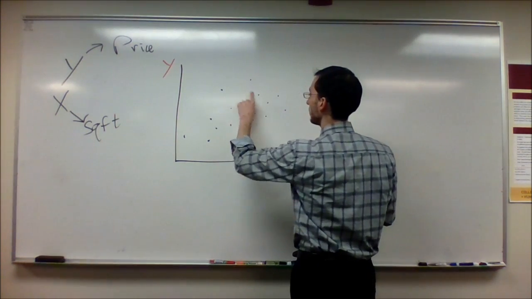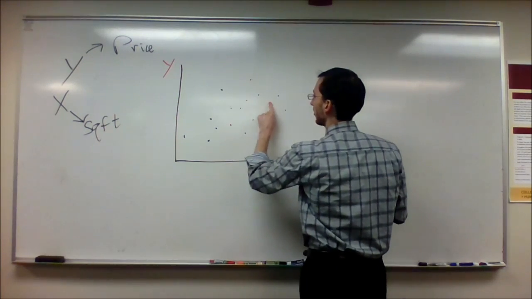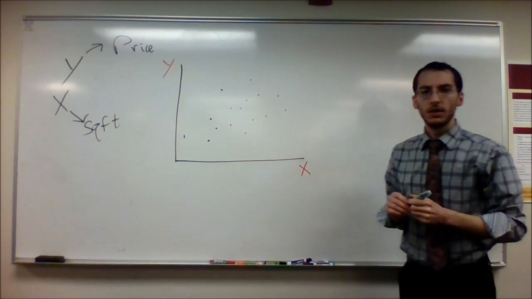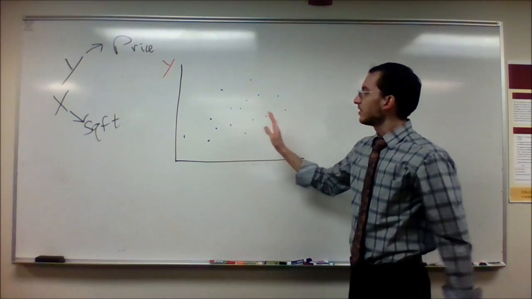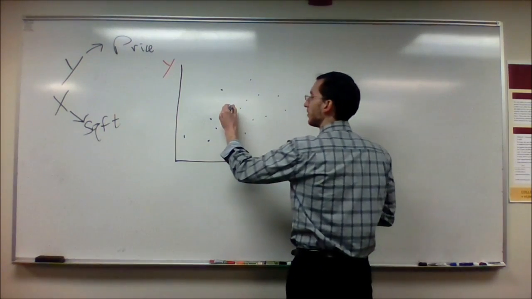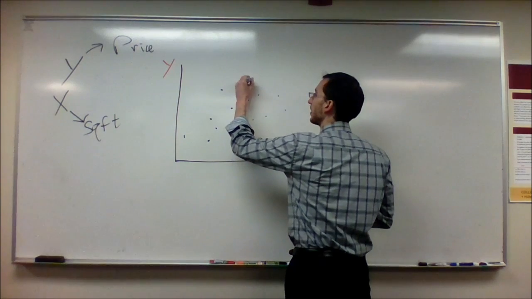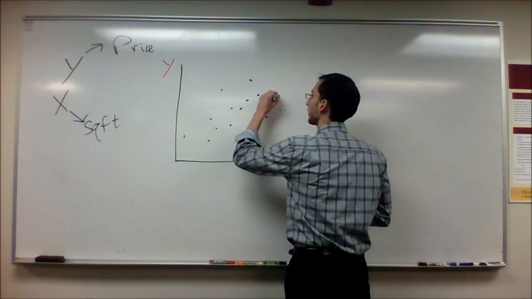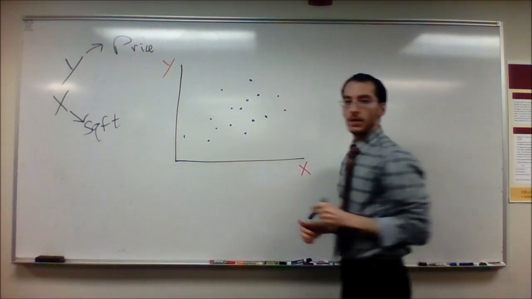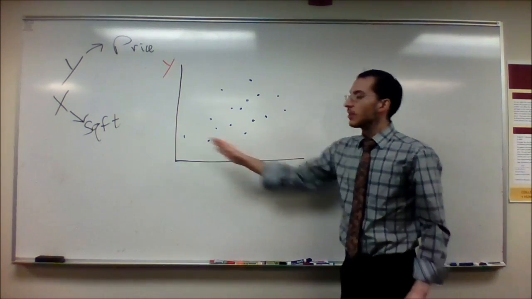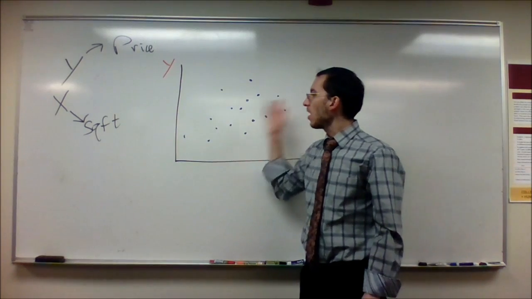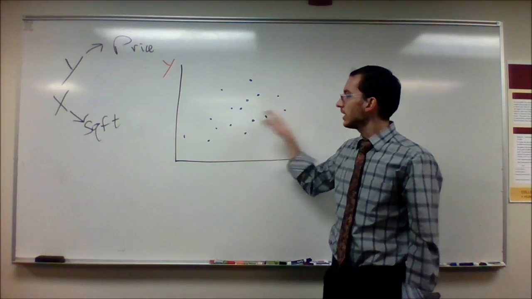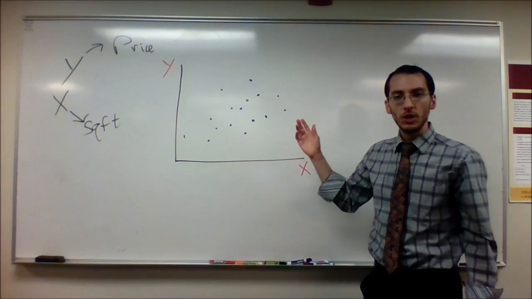Just take out some of these overlapped ones. Okay. So this is fake data. Let me fill some of these in here so you can see a little bit better. And we see that there's some relationship here between x and y. And it looks like it could be linear.